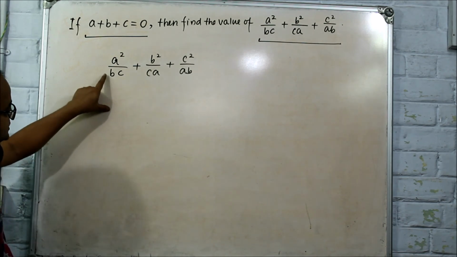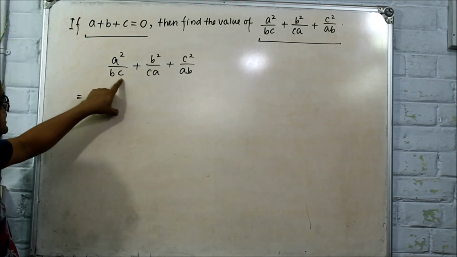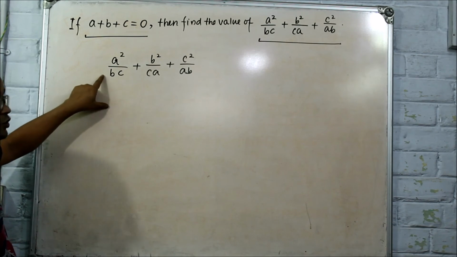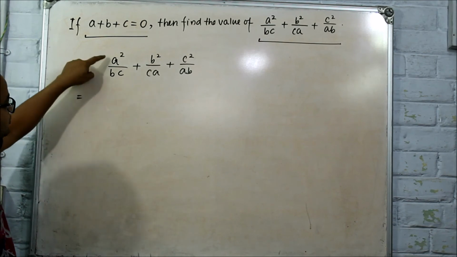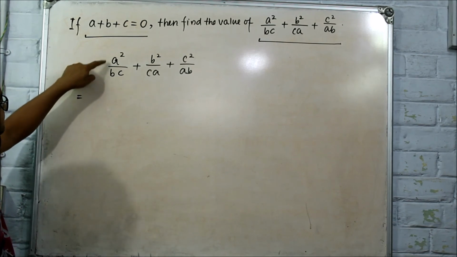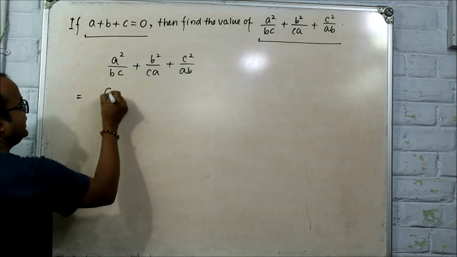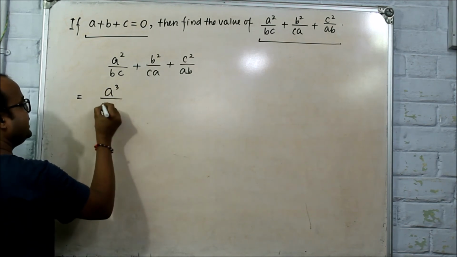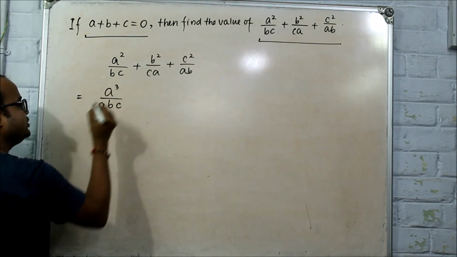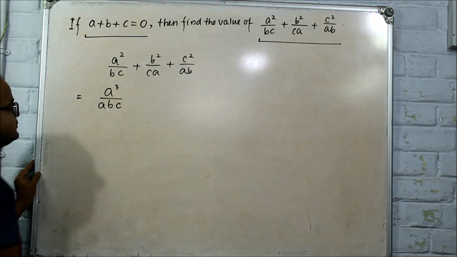Now in the first term, see bc is given, so we need to multiply numerator and denominator by a. So if you multiply numerator and denominator by a, it will become a cube by abc.